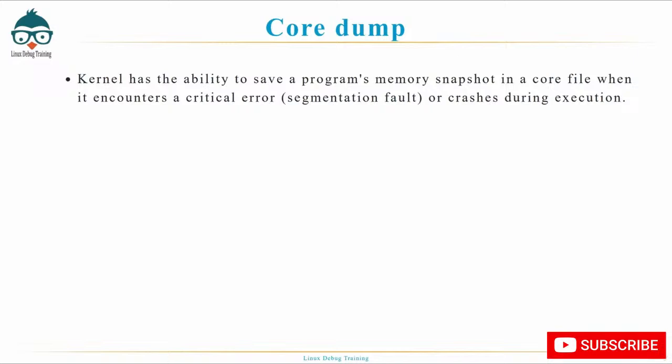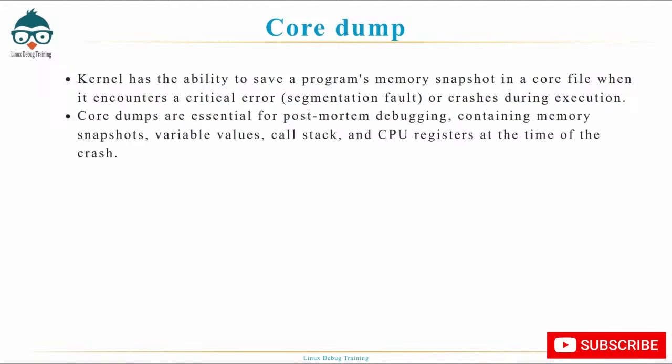The kernel has the ability to save a program's snapshot in a core file when it encounters a critical error, like a segmentation fault or some other program crash. Core dumps are essential for post-mortem debugging, containing memory snapshots, variable values, call stacks, and CPU registers at the time of the crash.